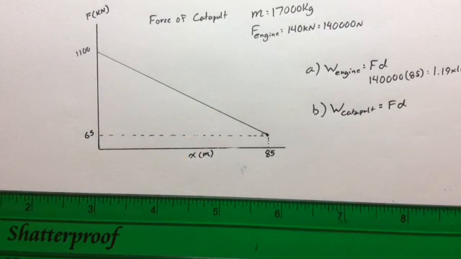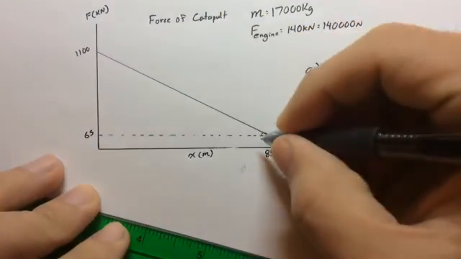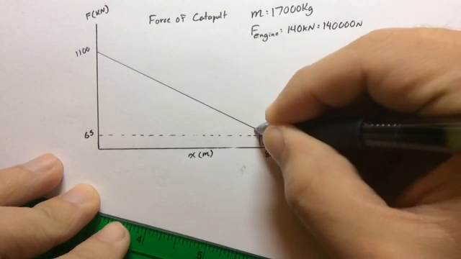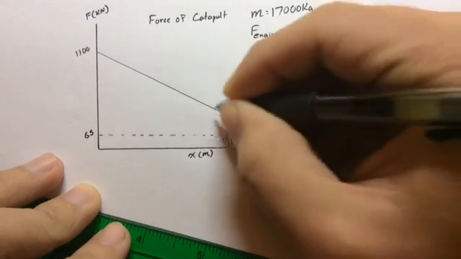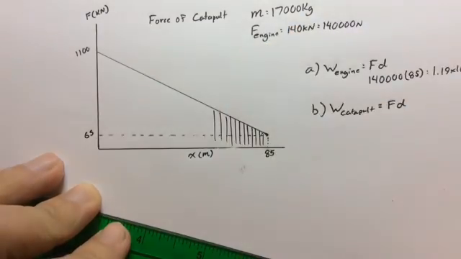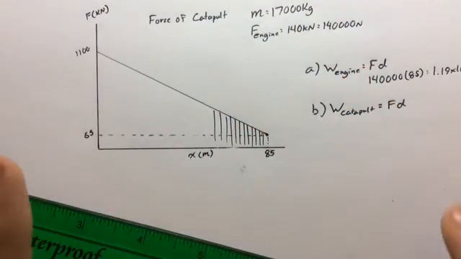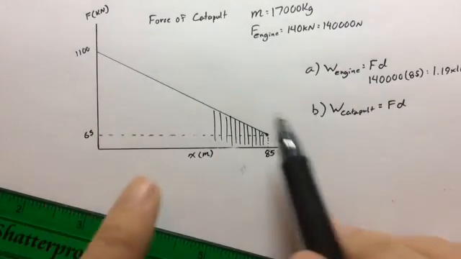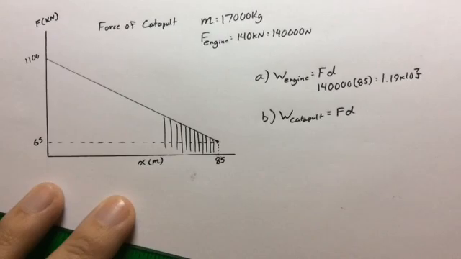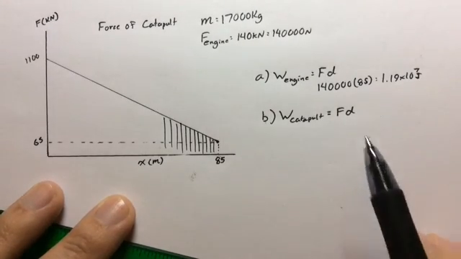This term is called integration, which is basically taking very, very small pieces of a whole and adding them all together. Now we're going to do something a lot simpler than that. That's calculus, and this is an algebra-based class. So we're going to do something much simpler by just taking these two shapes and adding the areas together. That will give us the total force times distance.